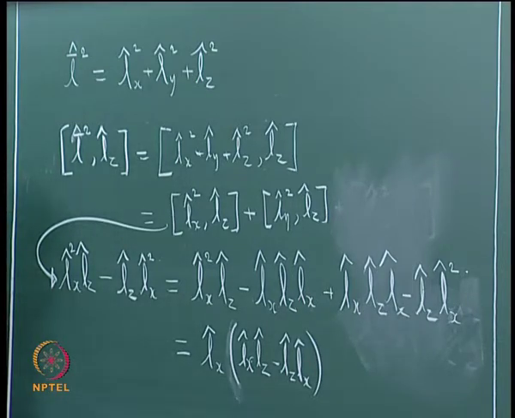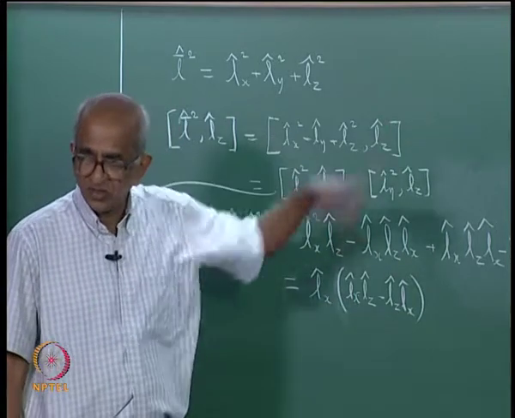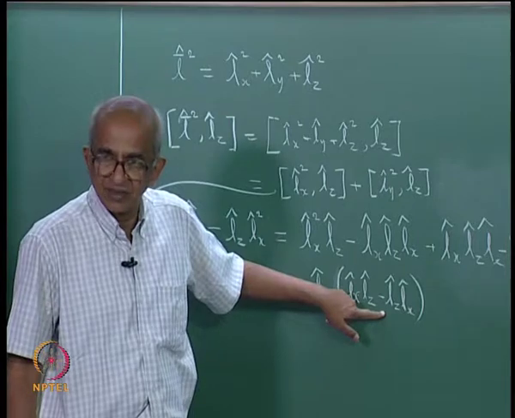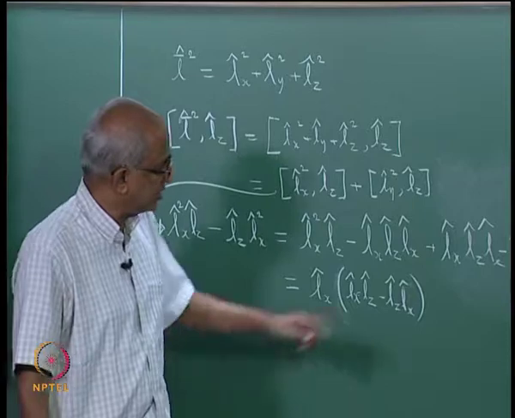Now you see the advantage, because I know exactly what this is: this is nothing but the commutator of Lx with Lz. This object is the commutator of Lx with Lz.